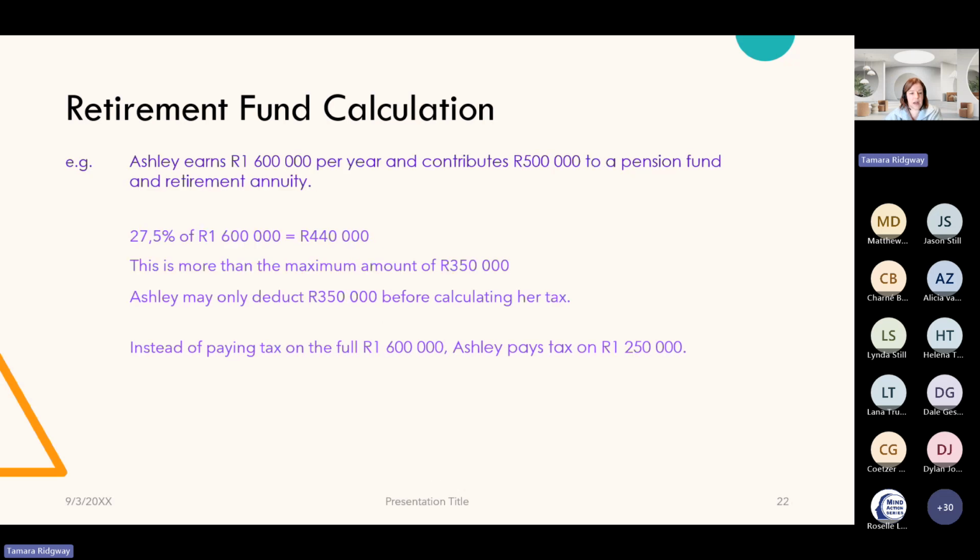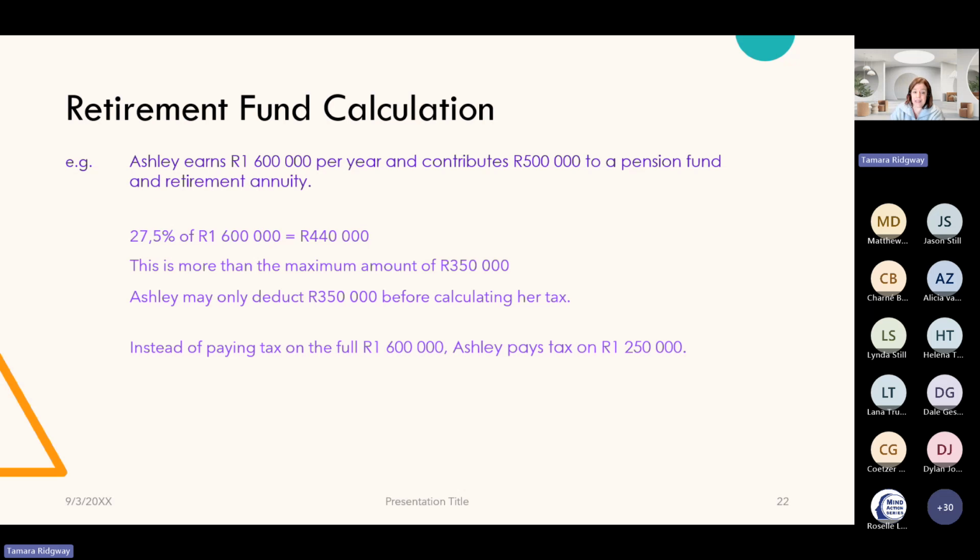And then another example. Ashley, I've just used her in all of the examples. It happens to be my daughter's name, so it was easy. Ashley earns 1,600,000 Rand per year and contributes 500,000 to a pension fund and a retirement annuity. So it's a joint contribution. In this case, I worked out 27.5% of the 1.6 million and I got 440,000.